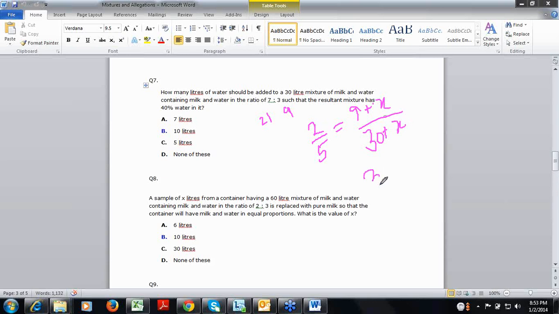So 3X is equal to 60, 45, 15. So X is equal to 5. We have option C. Go ahead and mark option C, 5 liters.